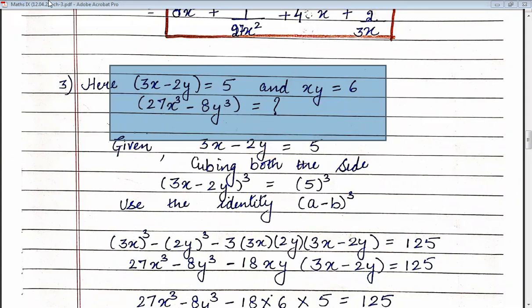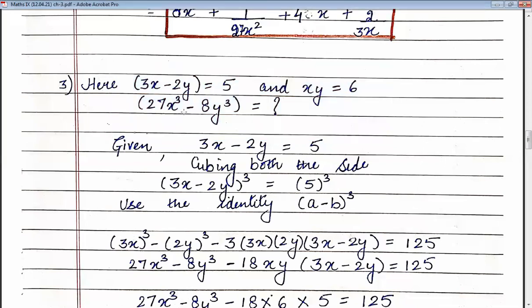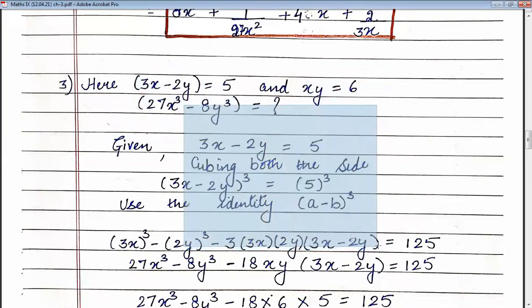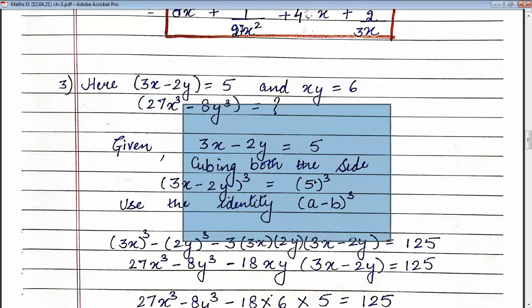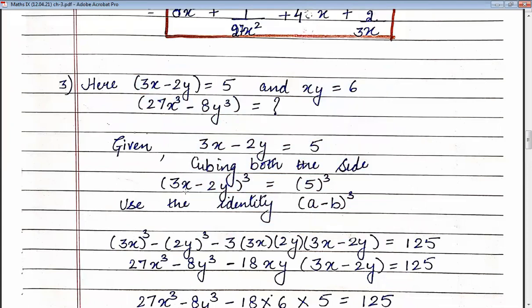So your first step will be cubing this equation on both sides. After cubing, (3x minus 2y) whole cube is equal to 5 cube. On the left hand side you can use the identity (a minus b) whole cube, and the formula is a cube minus b cube minus 3ab multiplied by (a minus b).